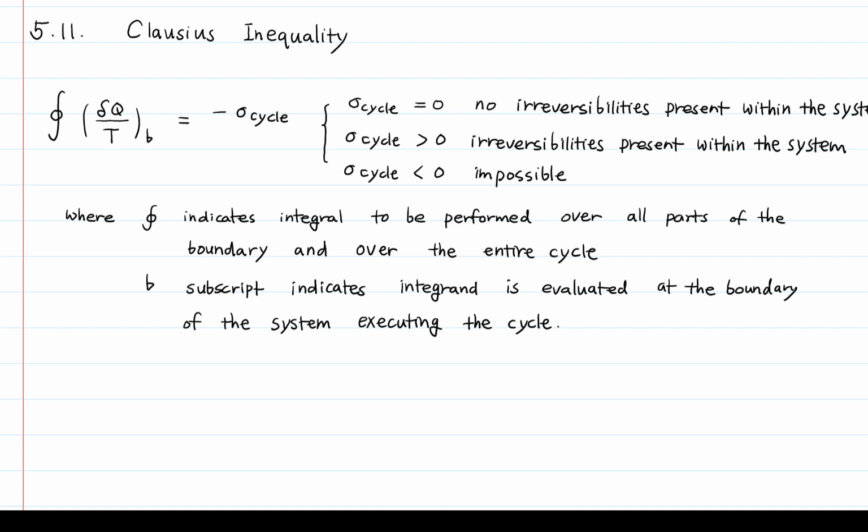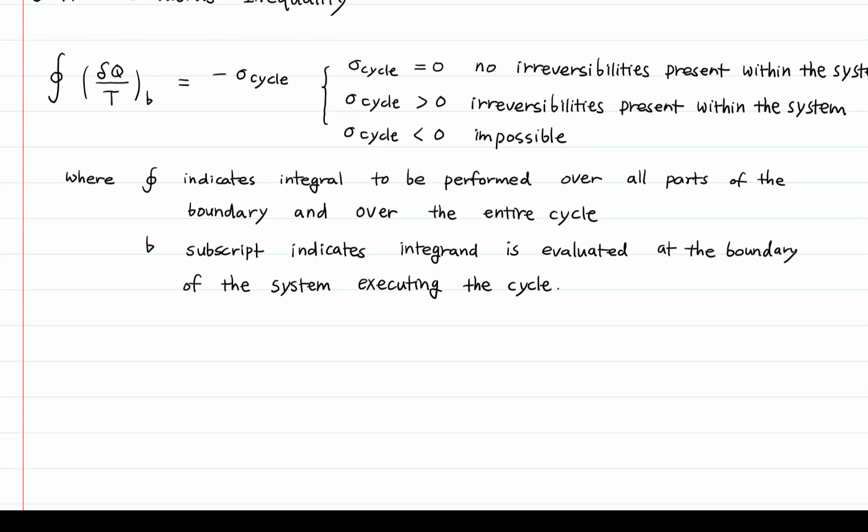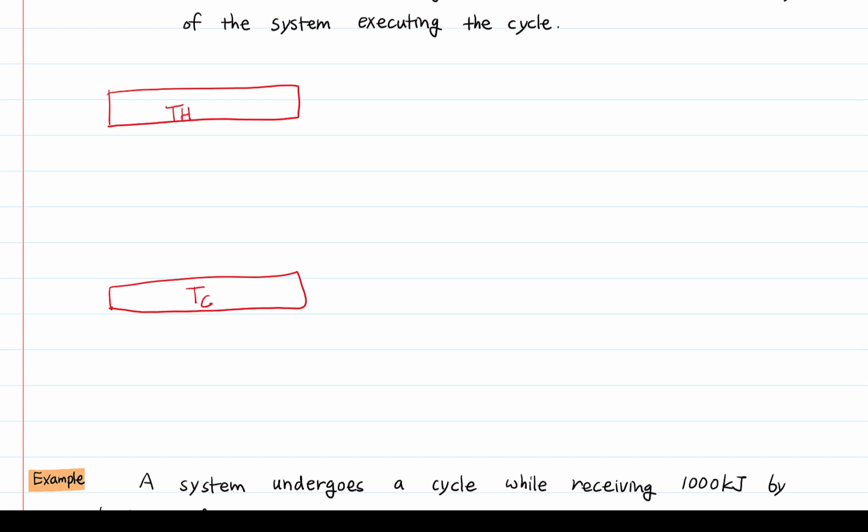So now we are going to prove the Clausius inequality. Let's consider a Carnot cycle. There are two temperature reservoirs, a high temperature reservoir TH and a low temperature reservoir TC. Let's say there are two different cycles between the two thermal reservoirs.